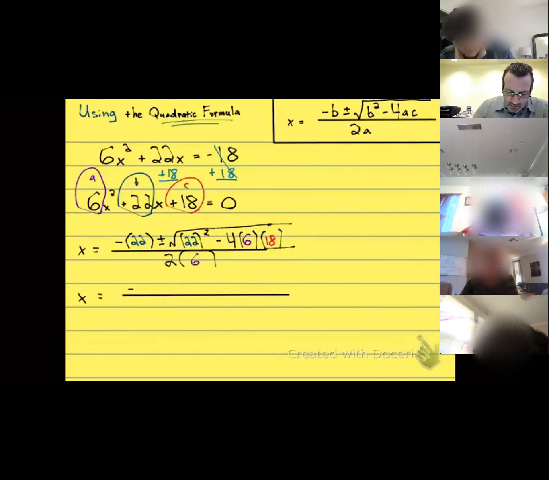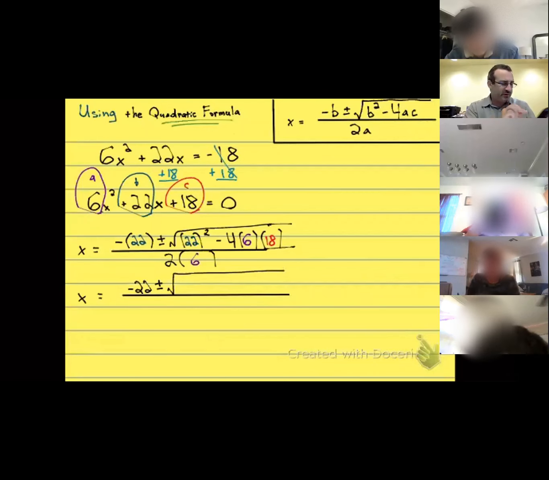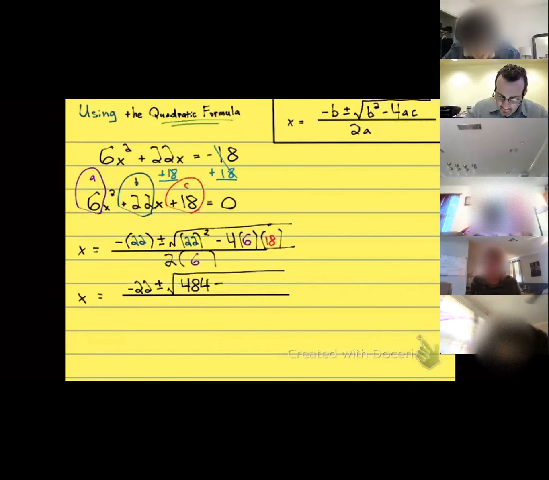I have the minus 22 in the front, plus or minus the square root of 22 squared. What's 22 squared? 484. Minus 4 times 6 times 18. 432. All over 2 times 6. 12.